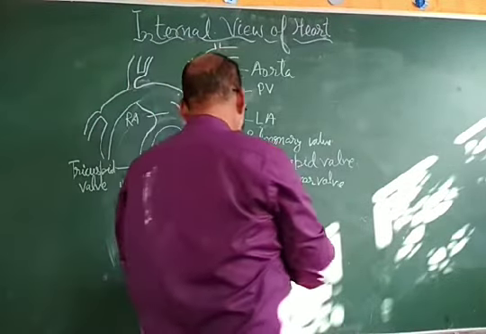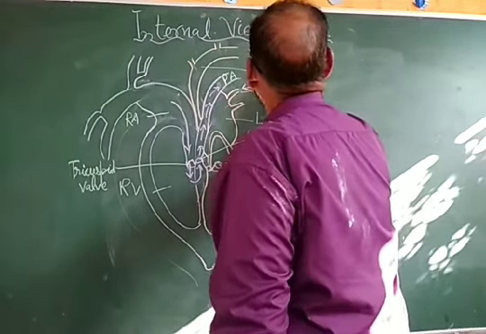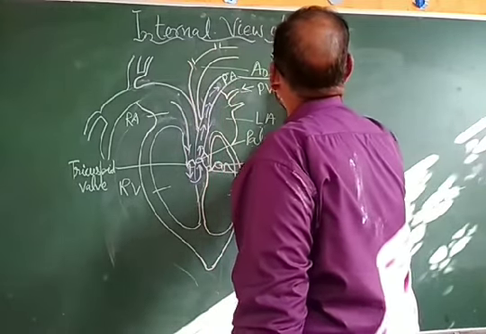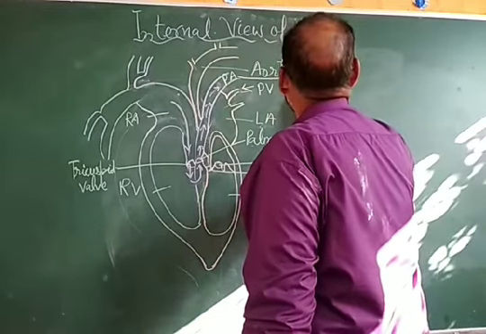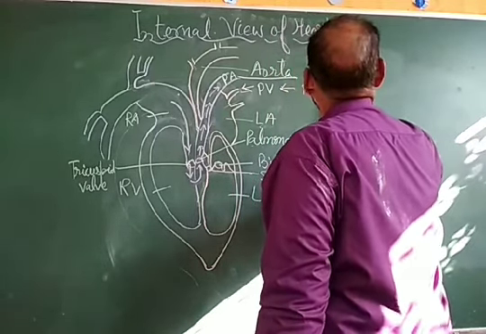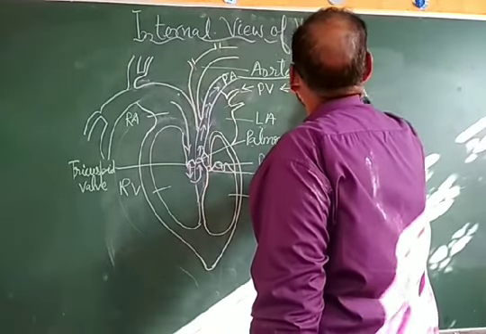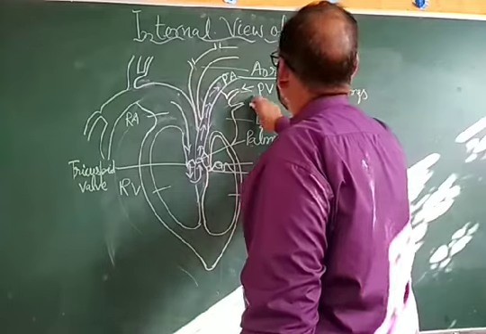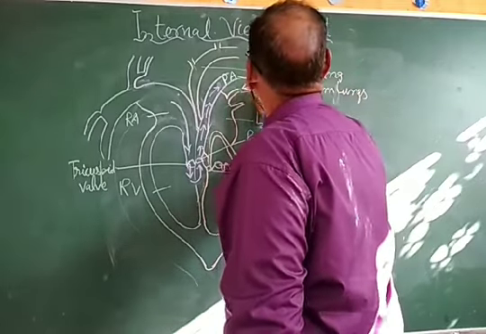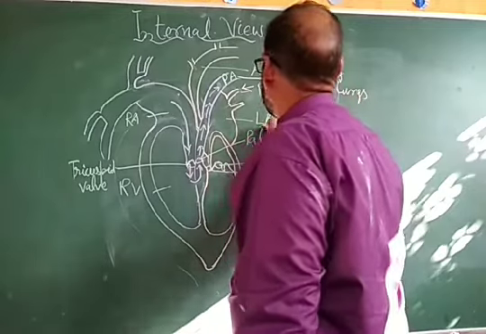While from the lungs, pure blood is coming. This is from the lungs, and this is to the lungs. So from the lung, pure blood is coming through the pulmonary vein into the heart, into the left atrium.